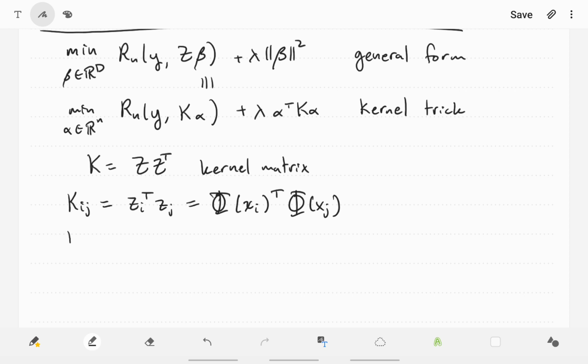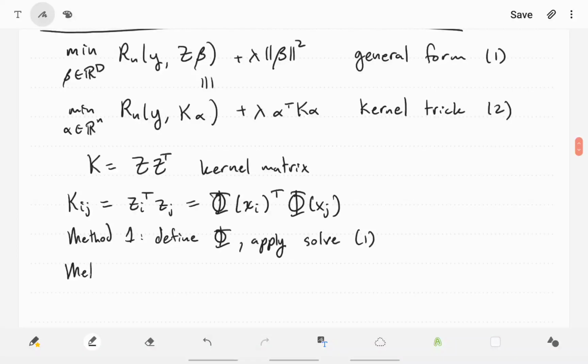So method one is we define a high dimensional embedding, apply it to get Z, and solve. Let's just call this 1.